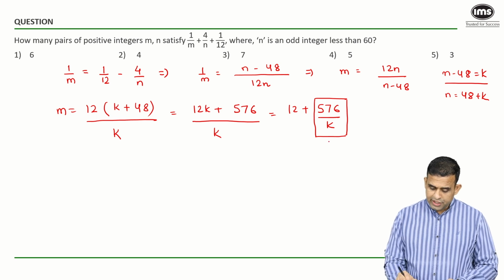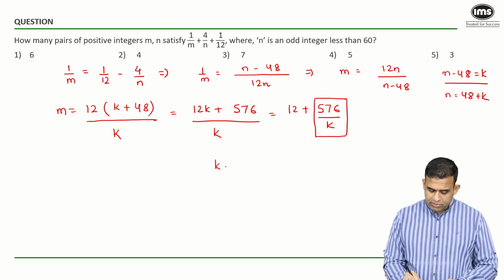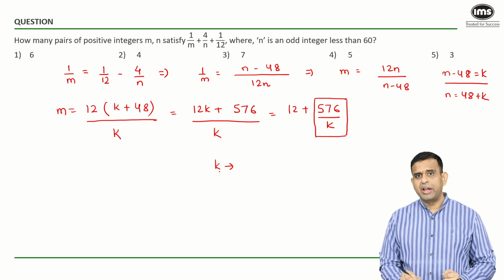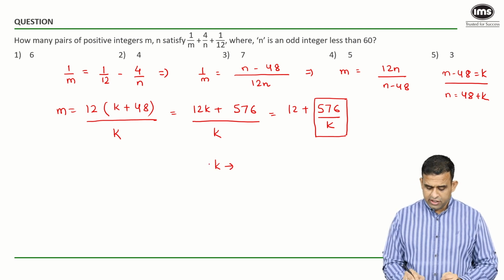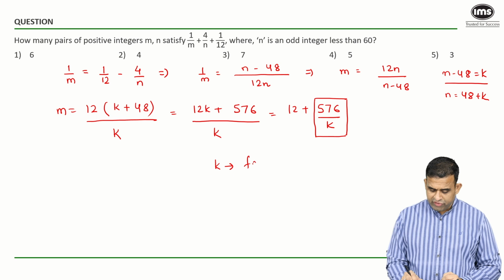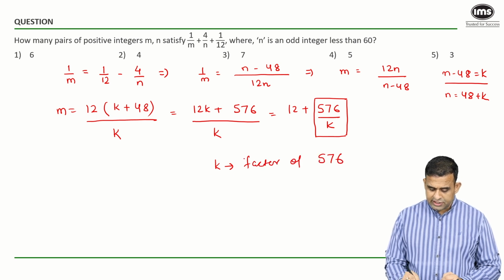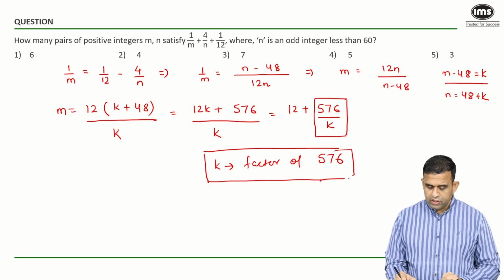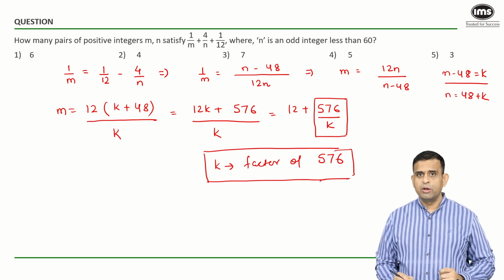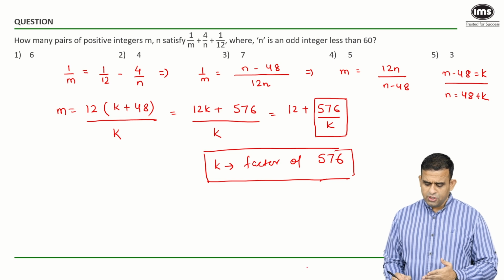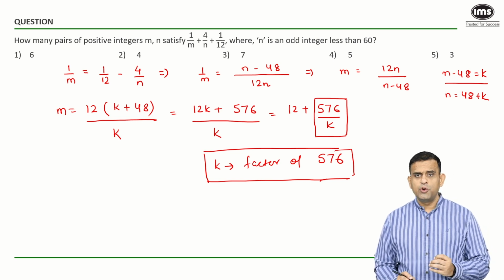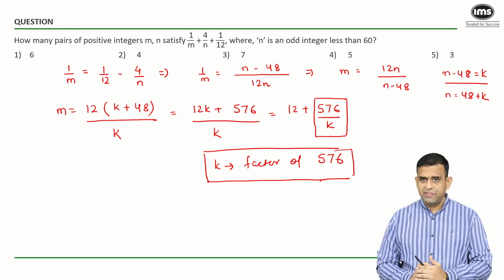So the value of k needs to be a number which divides 576, that is, k has to be a factor of 576. Please note m and n should not become negative. Both m and n need to be positive integers. So k is going to be a factor of the number 576.